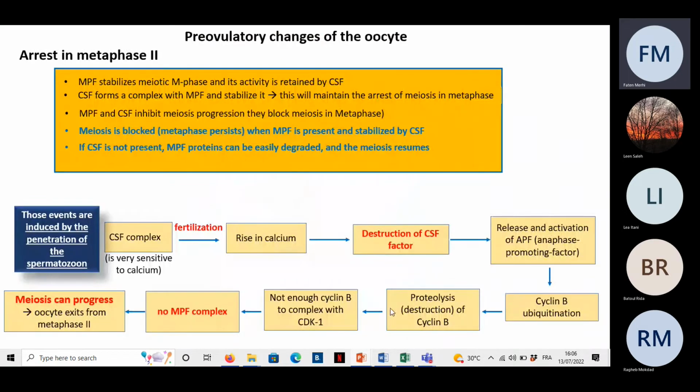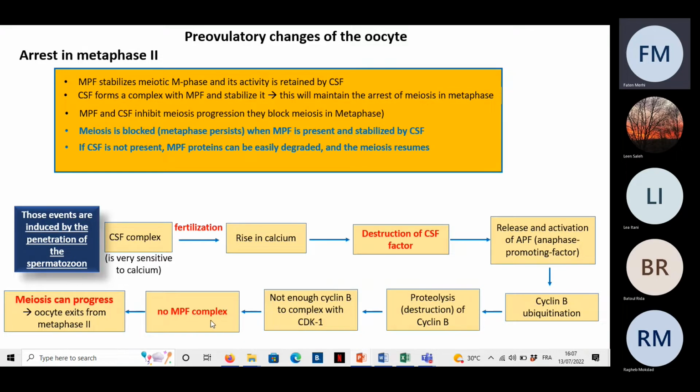Okay, so as a consequence of the proteolysis of the cyclin B, there will be not enough cyclin B to complex with the cyclin-dependent kinase 1, which is the other subunit of the MPF factor. And thus we will have no more MPF complex.